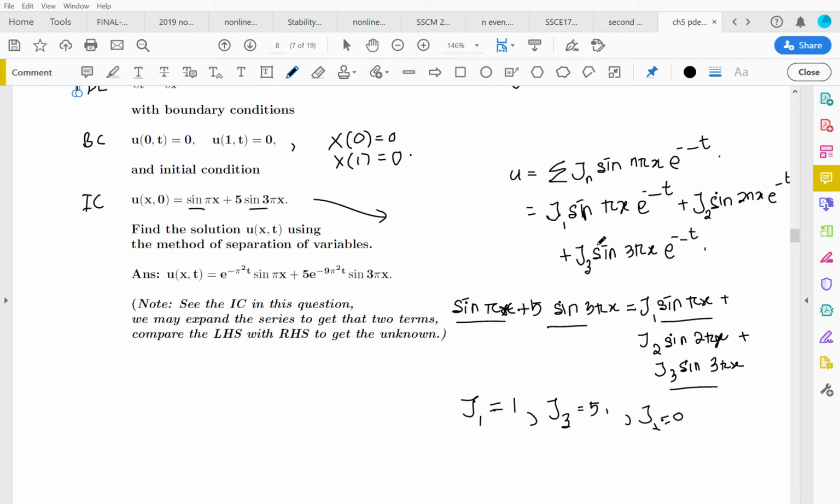So the solution will consist of these two parts. u(x,t) equals, with J1 equal to 1, sine pi x times the exponential of negative some number times t, J2 is 0, so plus 5 sine 3 pi x times the exponential of negative some number times t. So this will be the answer for this case.